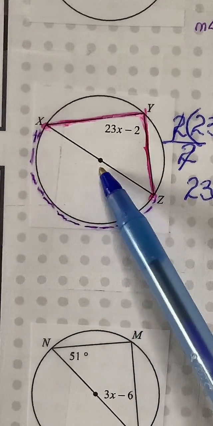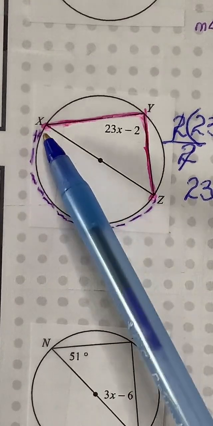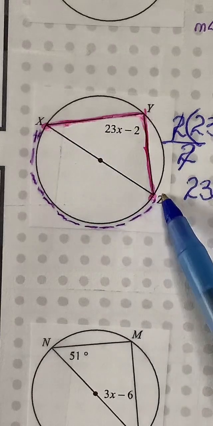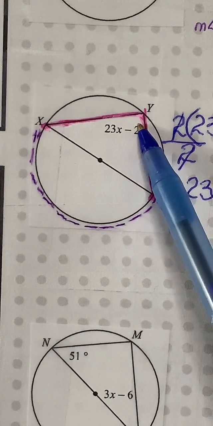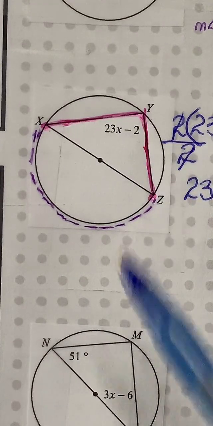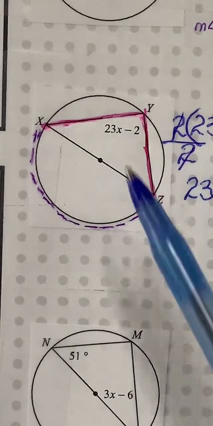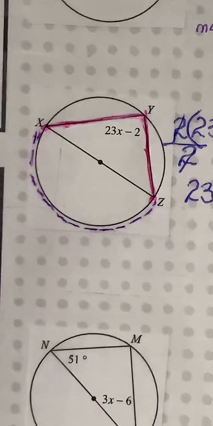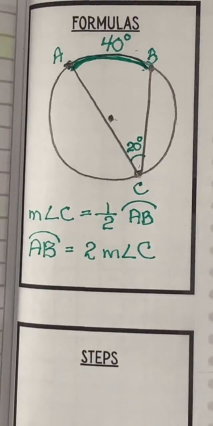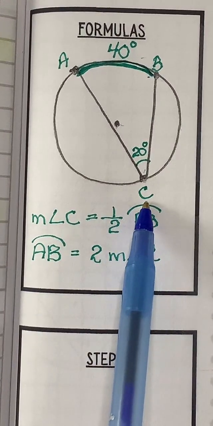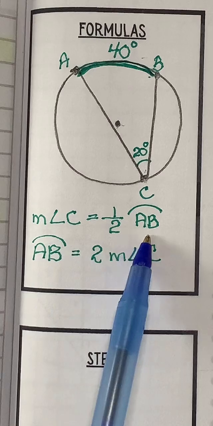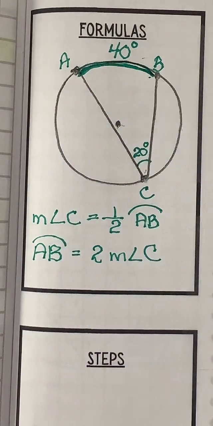For inscribed, 180 degrees, half of it is going to be 90. Your inscribed angle is always half your arc, as I have shown here. Your inscribed angle, which is angle C, is half your arc, which is AB.